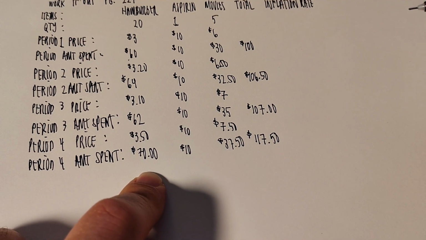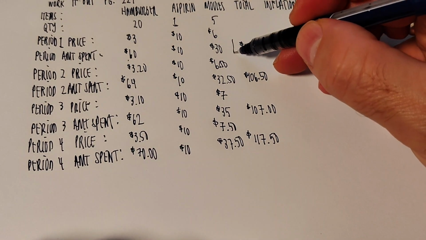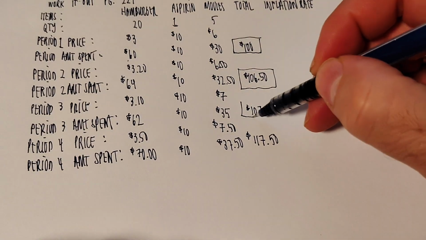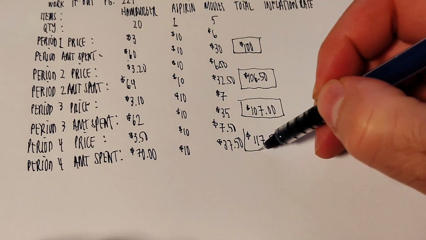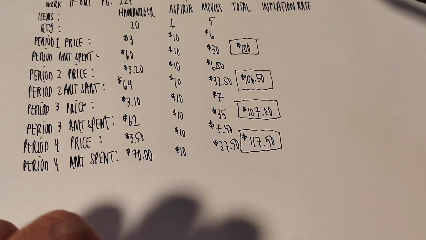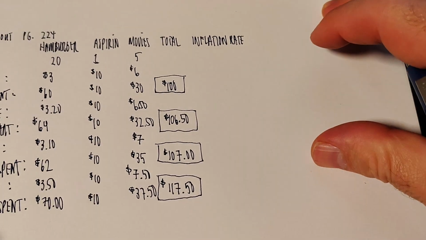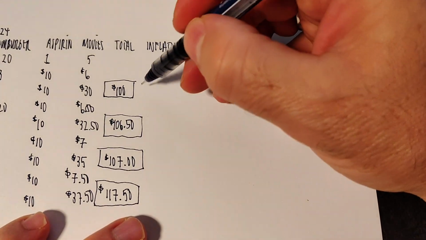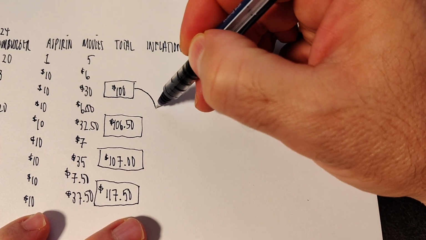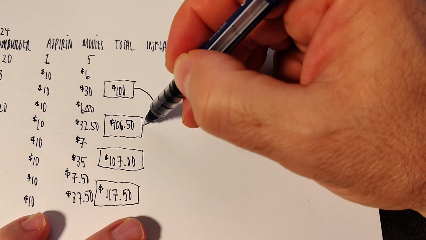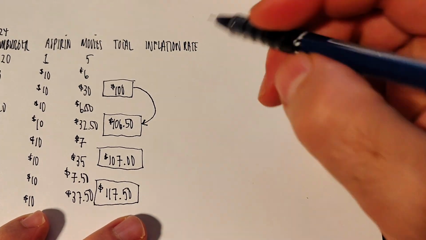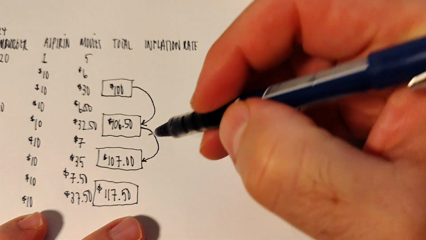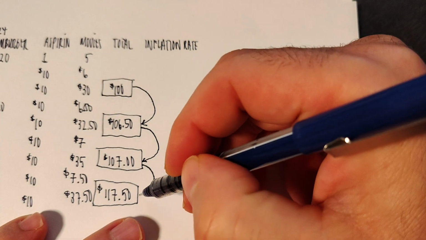Okay, so we now have the price of our baskets. With these prices of the baskets, we can actually calculate the rate of inflation. So we're going to use that inflation rate formula, and I want to know the percentage change from the price of the basket in one period to the next, then from this price to this price, and lastly from this price to this price.